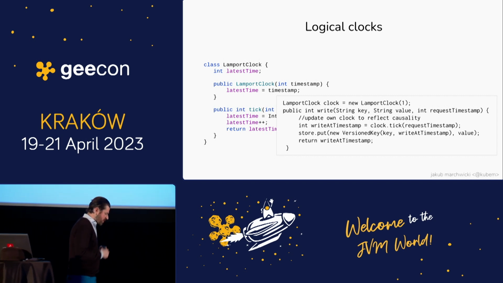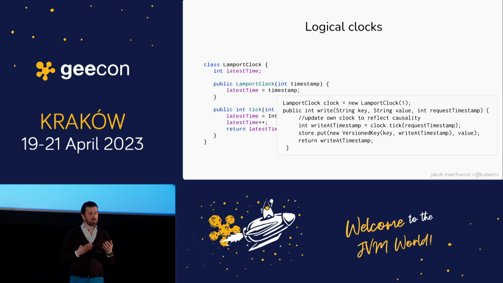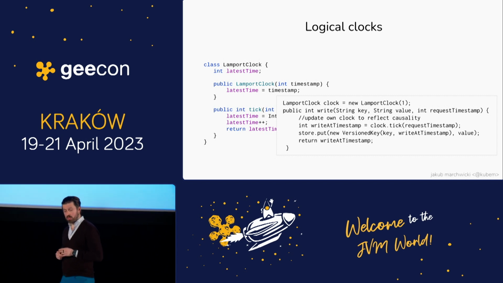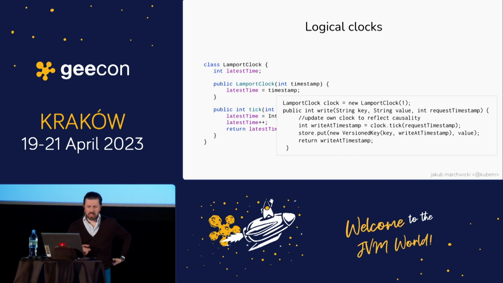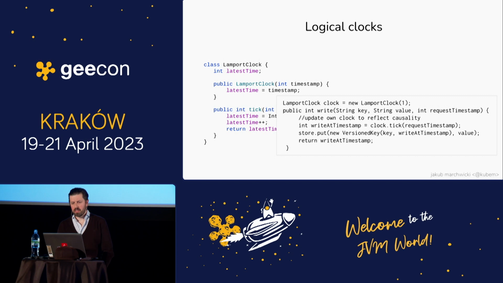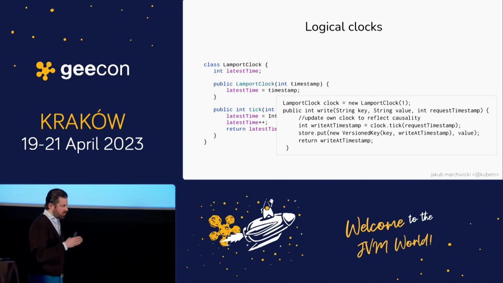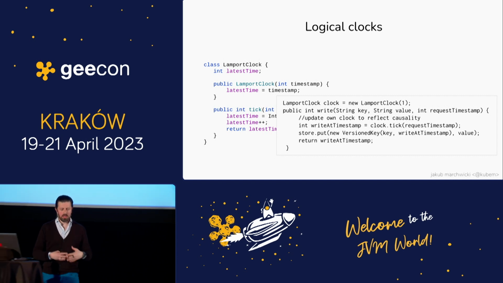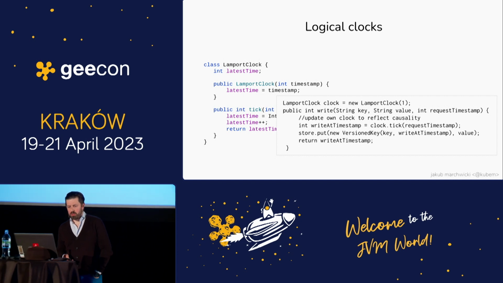So whenever there is an update, the clock time is embedded in the data, and we can compare whether it's an older, whether it's a newer value, or whether we have some concurrency issue. We are able to order data. We are able to reason that A happened before B.